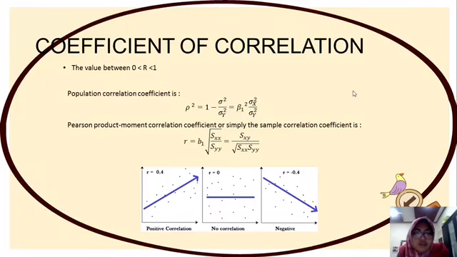We can find the population correlation coefficient by using this formula, and we can also find the sample correlation coefficient by using this formula. This is the chart of positive correlation, if the value of R is positive, and then no correlation, if the value of R equals 0, and the negative correlation.